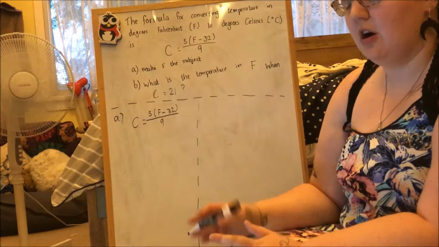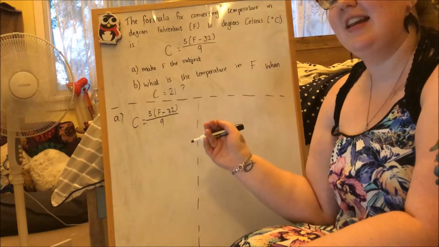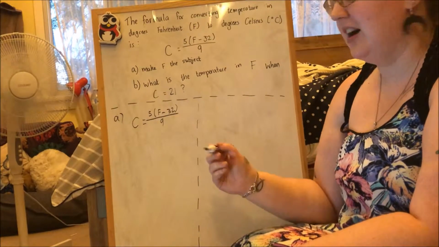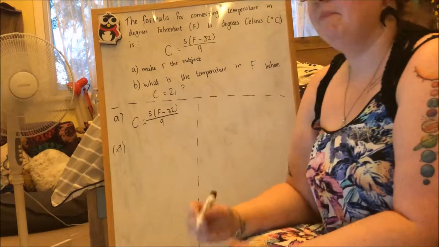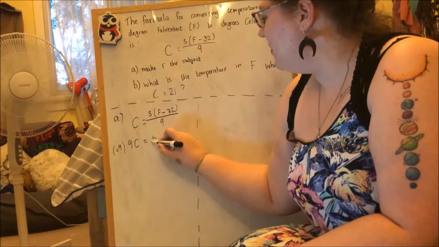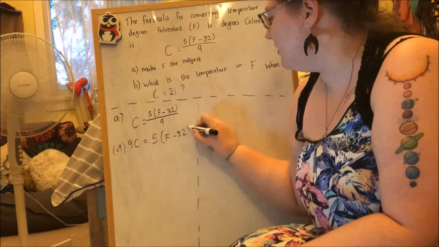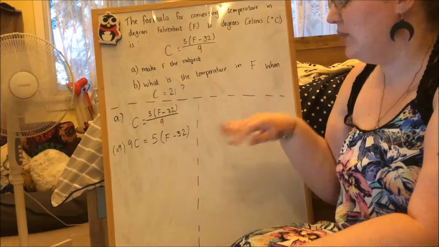First thing we need to get rid of, remembering our reverse BOMDAS, we don't have anything subtracted, we don't have anything added, but we do have something divided. We've got this divided by 9 here. So we want to multiply both sides by 9. 9 times C is just 9C. That's equal to 5 outside of (F take 32). Now we've done our divided terms.